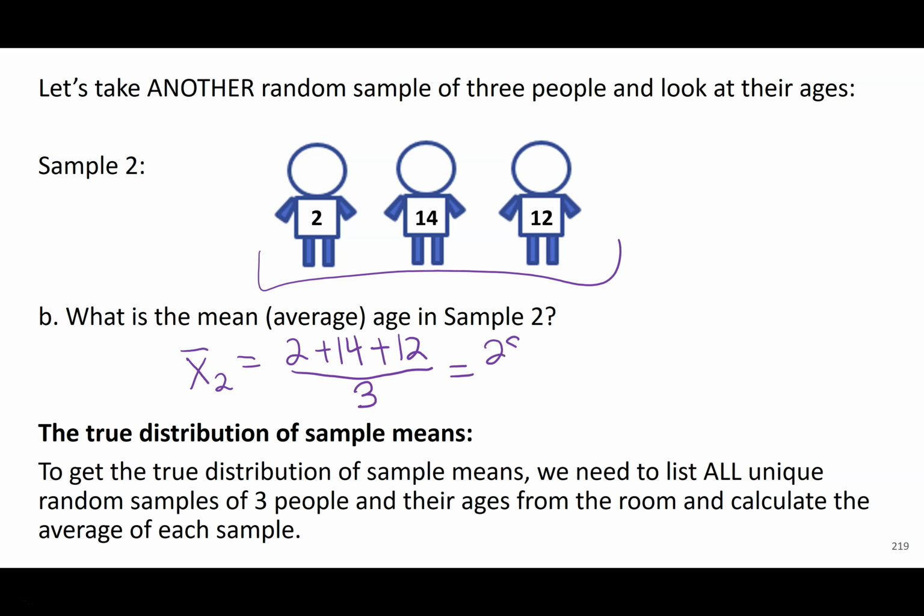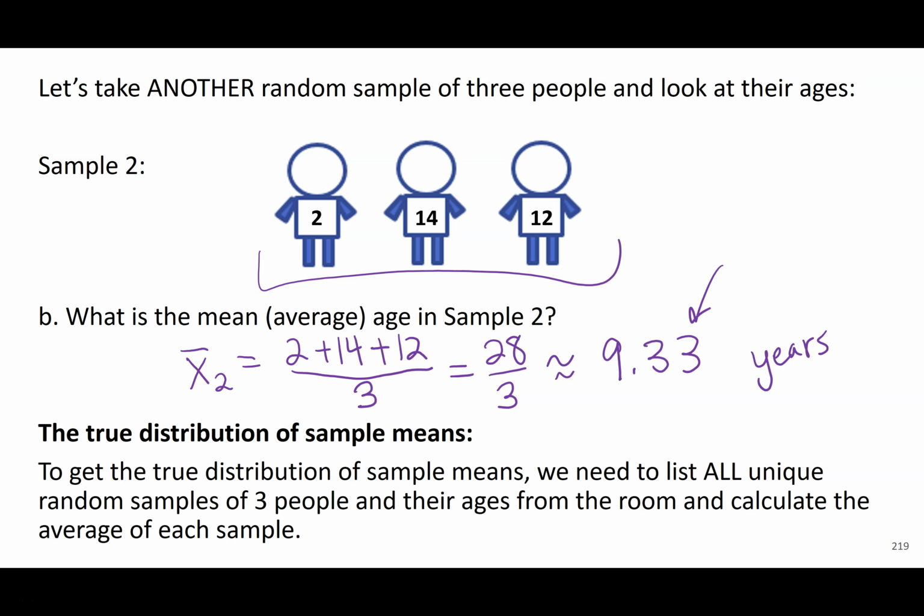So it should be what, 28 divided by 3. I'm going to round here, 9.33. It's 3 repeating. So here it's rounded if you don't do the repeating.